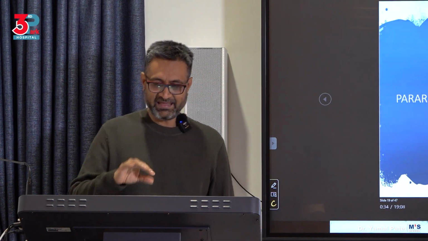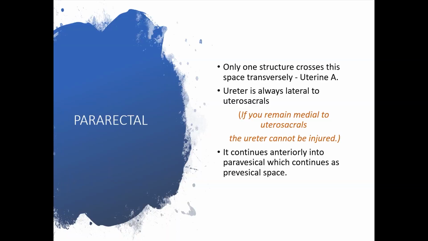But in this area, as we're moving, it's a space that has one structure that crosses across that area. And that structure that crosses transversely, when you're dissecting the ureter away, is the uterine artery. You've understood? So that is important. Secondly, the ureter is always lateral to the uterosacrals.